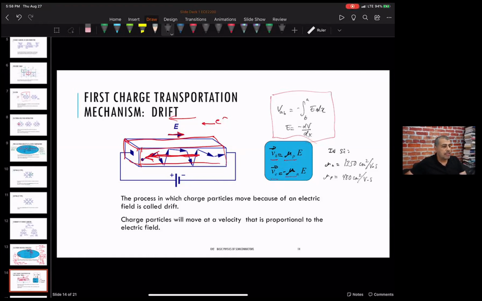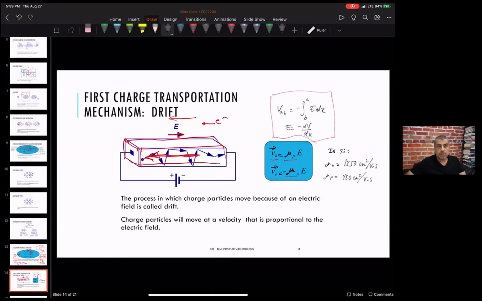But the main thing to get out of this is that there is a current mechanism in semiconductors that is a function of the electric field across the semiconductor. The current is moving in the direction of that electric field or in the opposite direction to the electric field.